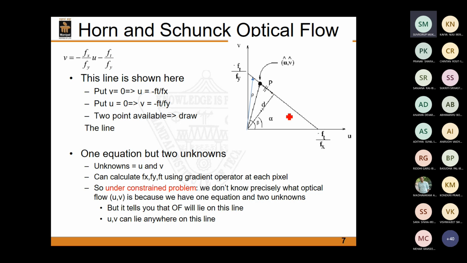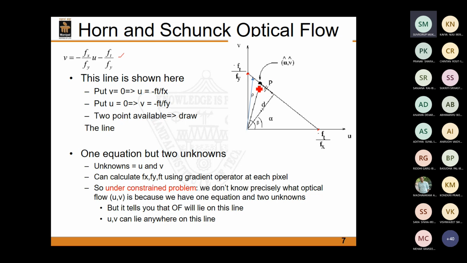This particular line represents that equation. If I take u is equal to 0, I get a value for v, this particular point. If I take v is equal to 0 and calculate the value for u, I will get this particular point. And then if I join these, I get this line.